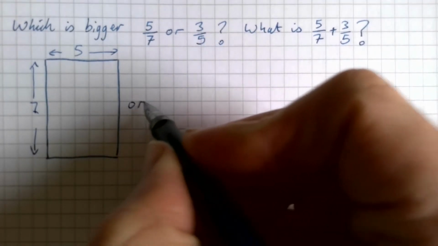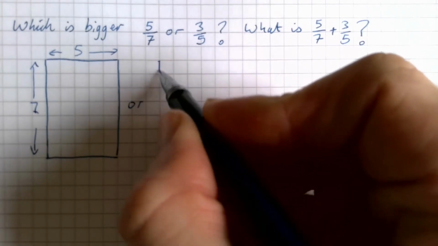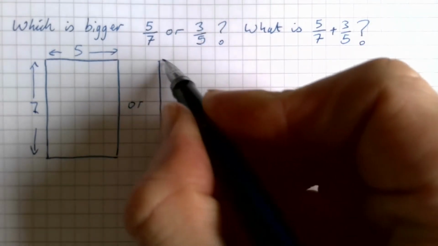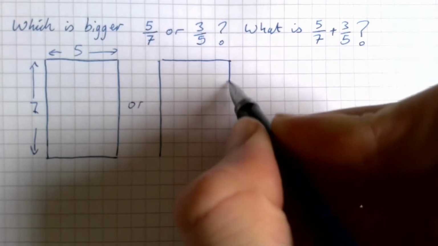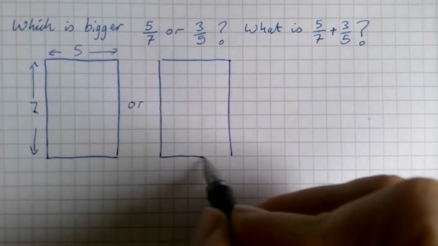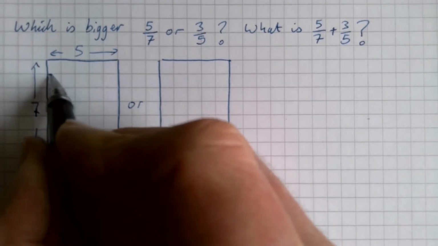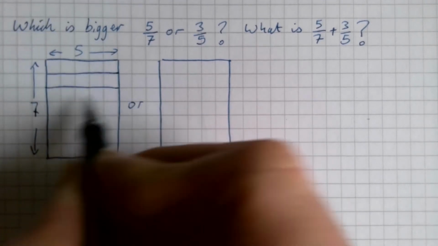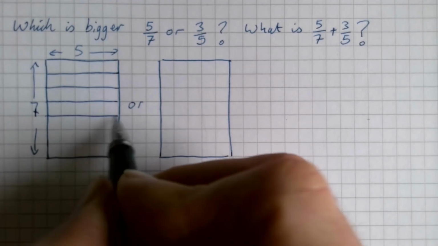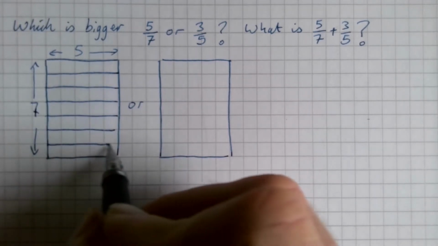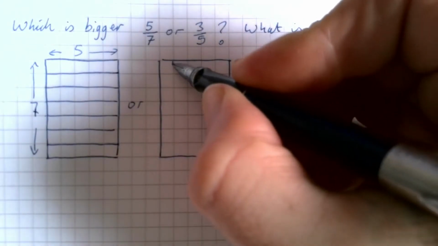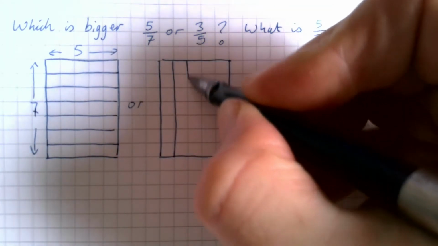So for my 5/7, 7 is going down here, so I've got 7 rows. So I want 1, 2, 3, 4. Right, well, I'm going to cut them all into sevenths. That way I'm going to cut them all into fifths.